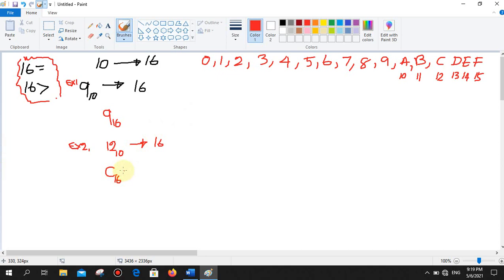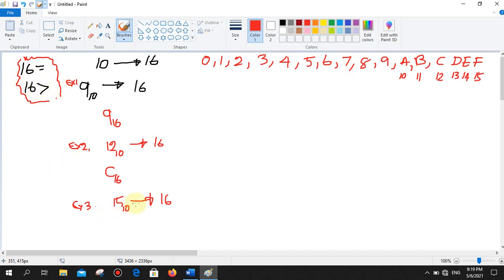This is the answer. We'll get another number, example 3. The number is 15 in base 10 and we need to convert it to hexadecimal. So how can we do this? We first of all will check as earlier. 15 is not equal to 16, not greater than 16.